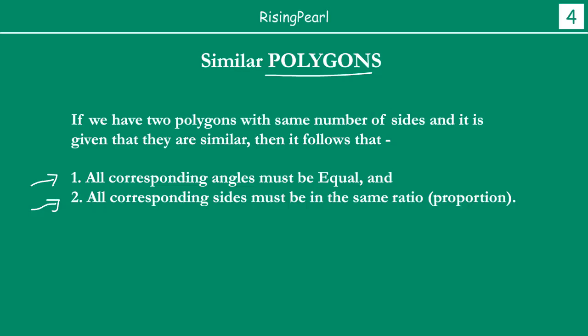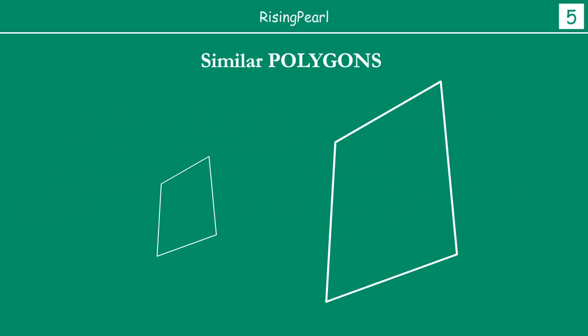So for example, if we were to take a look at here, I have drawn two quadrilaterals and let's just name them. So let's call this A, B, C, D. So I have a quadrilateral ABCD and let us name this as P, Q, R, S. So what it means is that if these two are similar, they look like exactly same shape, bigger size.